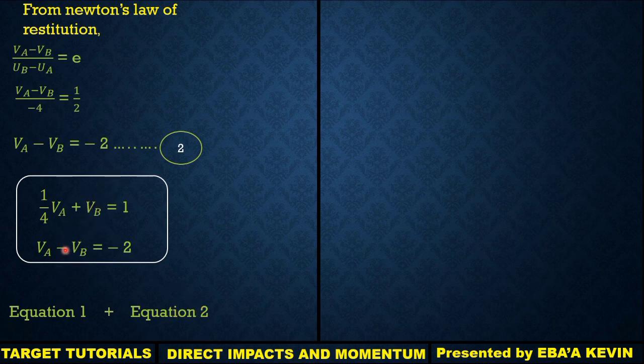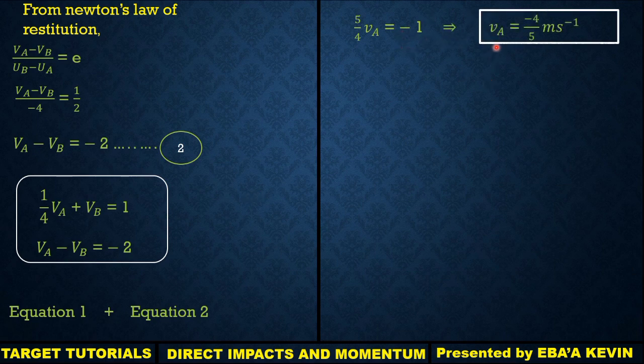We then obtain 1 quarter VA plus VA, which gives 5 over 4 VA, equal to 1 plus negative 2, which gives negative 1. We therefore imply that the velocity of sphere A after impact is equal to negative 4 meters per second.